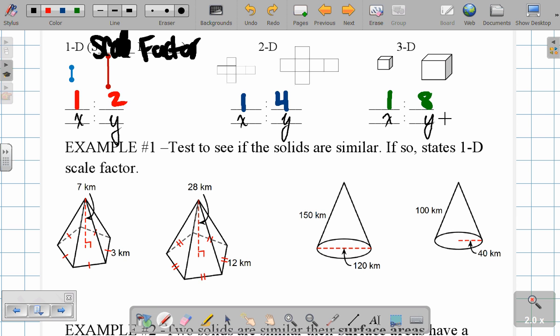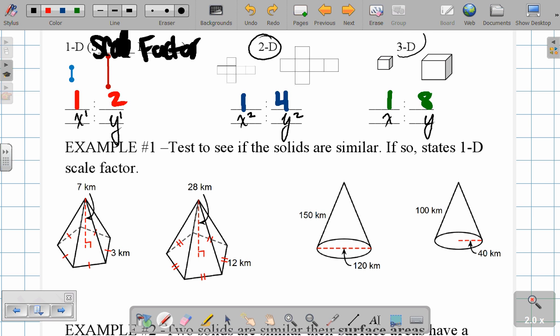In the first dimension, it's like X to the first, Y to the first. So our X to the first is 1. Our Y to the first is 2. Second dimension, you square. 1 times 1 is 1. 2 times 2 is?